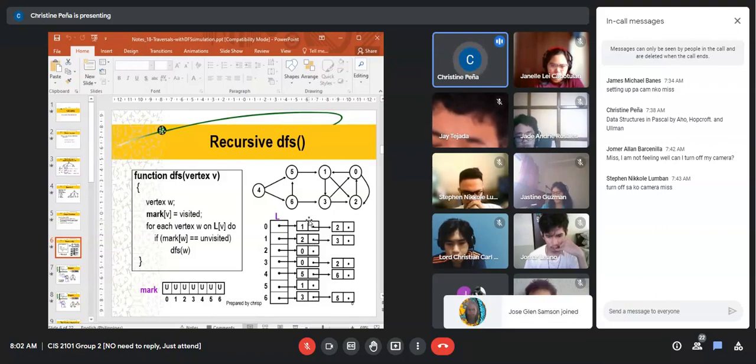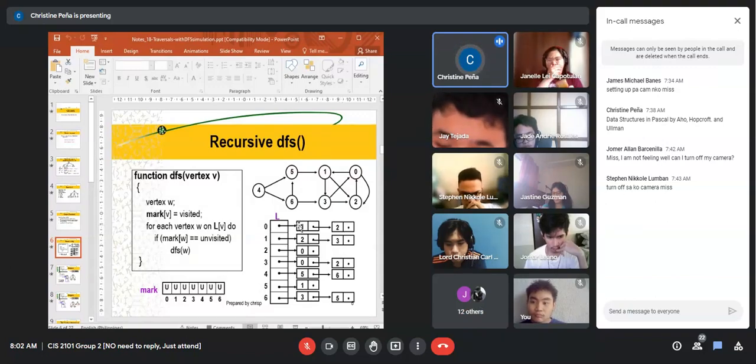It is possible to arrange them in different order, like descending. For example, instead of 1, 2, it can be 2, 1. If it's descending, a different DFS spanning forest is obtained. So a different order of vertices will give us a different spanning forest.